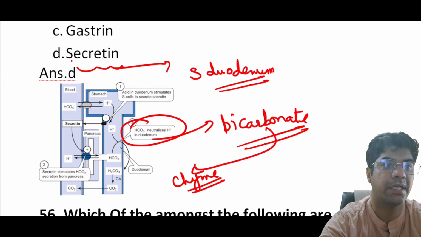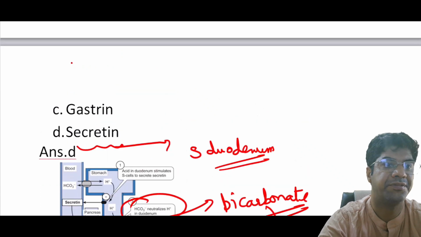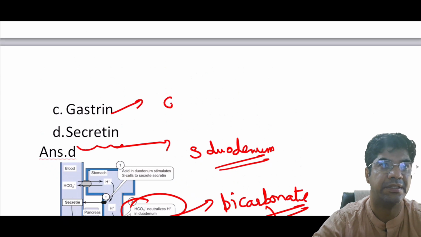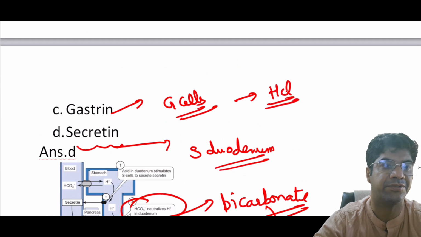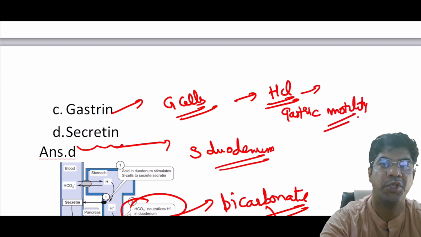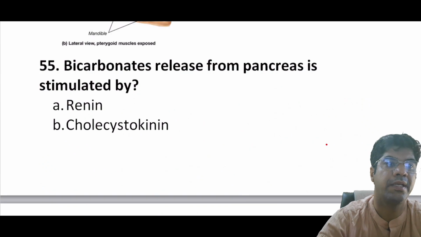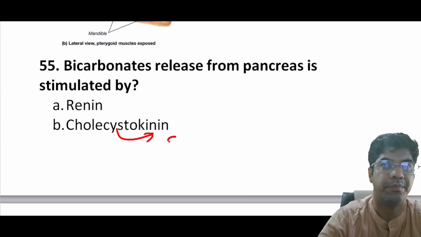Option C, gastrin. Remember gastrin, it is a hormone that is produced by G cells of stomach. So it stimulates the secretion of HCl by the parietal cells of stomach, and it aids in gastric motility. Option B is cholecystokinin. Remember it is a hormone secreted by the duodenum.